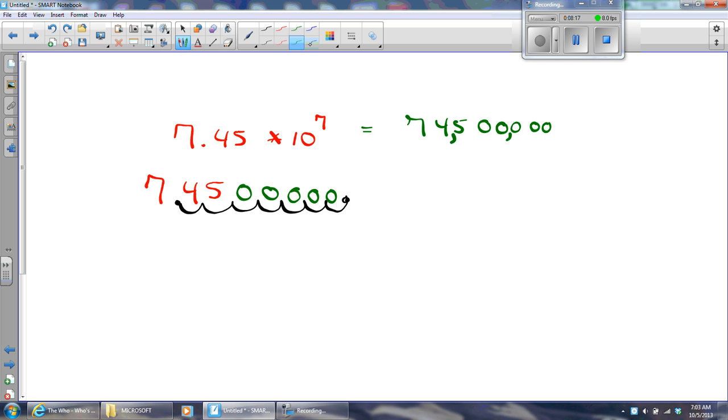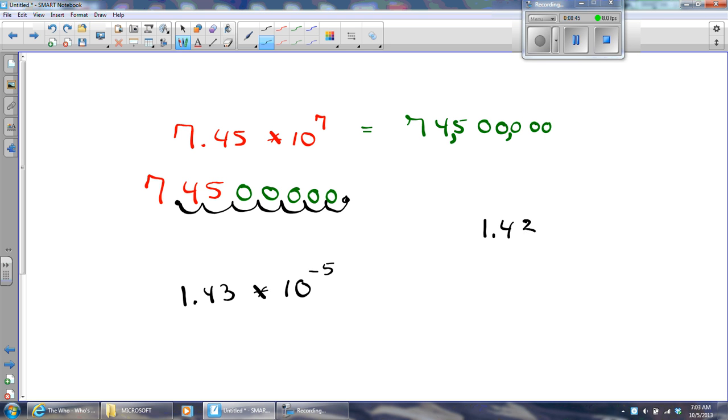Okay, what if I have a really small number like this? Well, I'm going to, oops, I'm sorry, silly me. What if I have a number like this, which is really division, isn't it? Because I'm multiplying by 10 to the negative fifth. It's really this number.